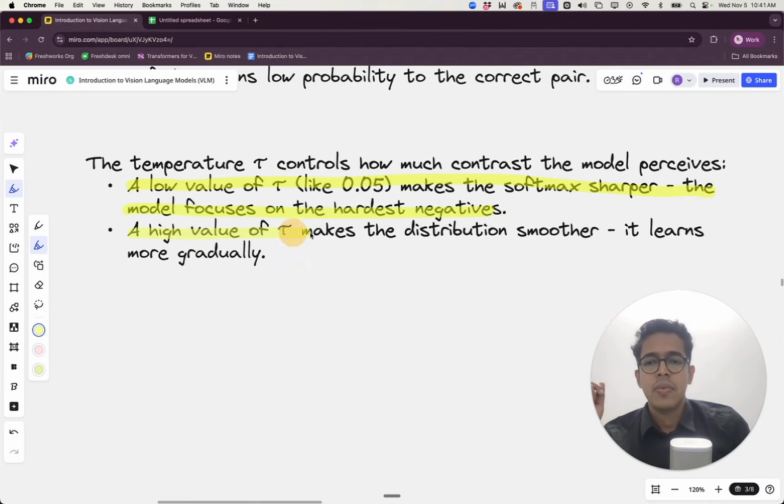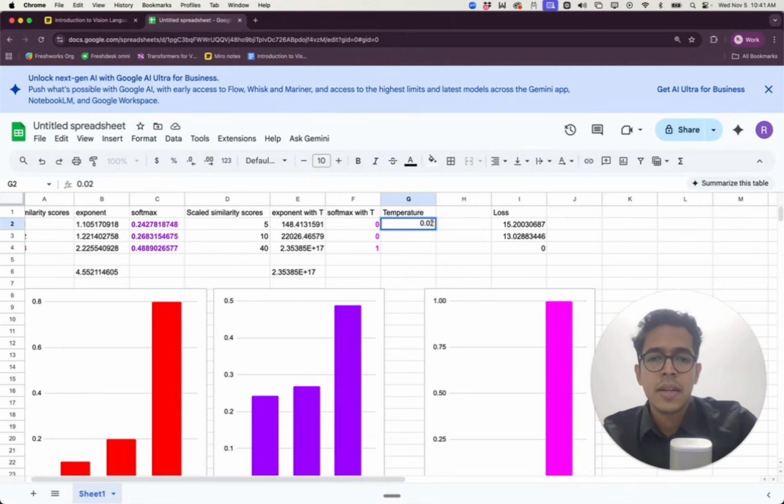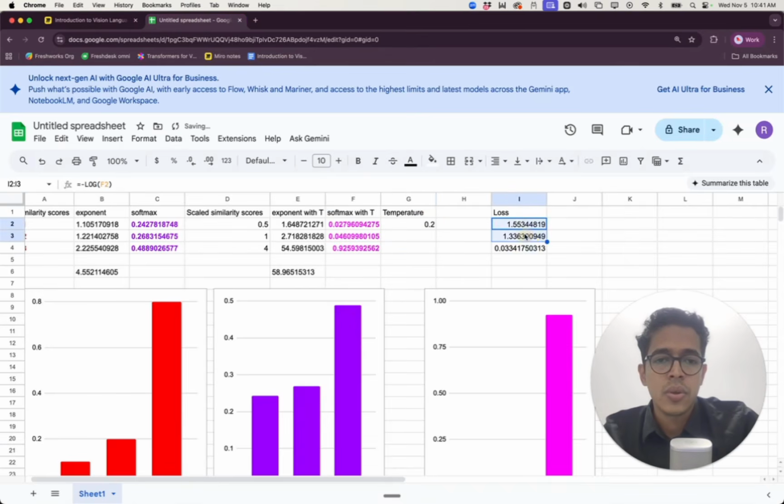A high value of tau makes the distribution smoother. It learns more gradually. This means you will not be penalizing the negative pairs that much. On the other hand, if tau is very low, let's start with tau equal to 0.2 and look at the loss for these two. Loss is not that high, which means you are not penalizing the model that much.